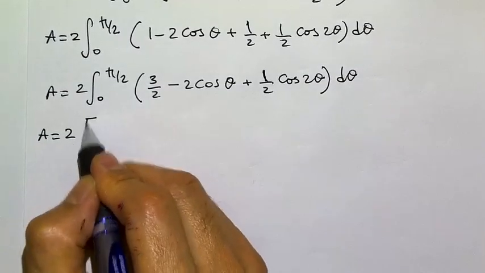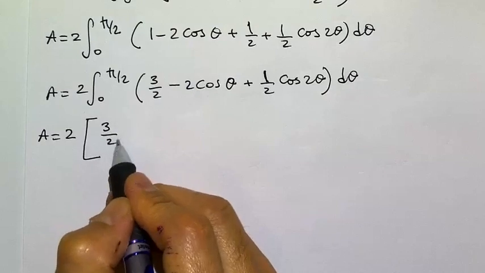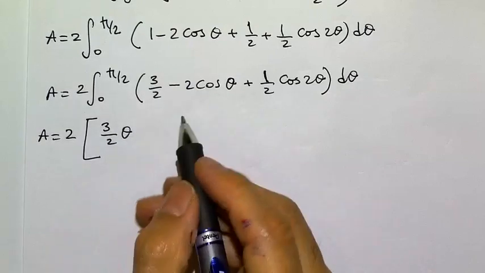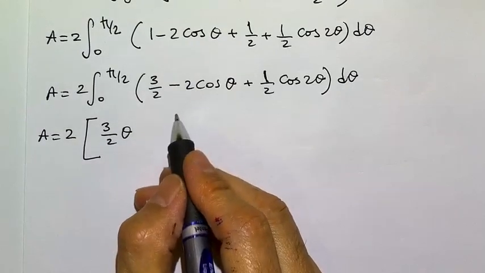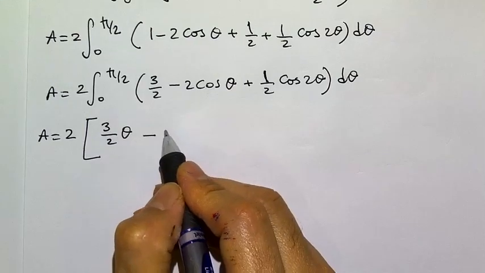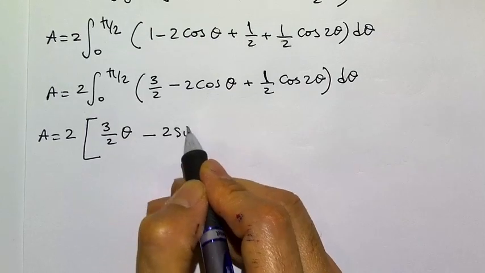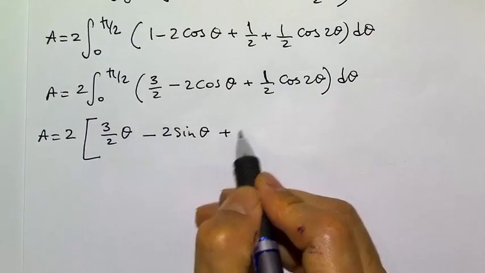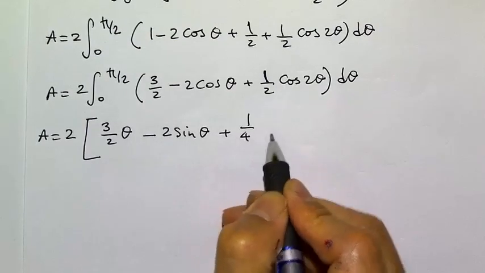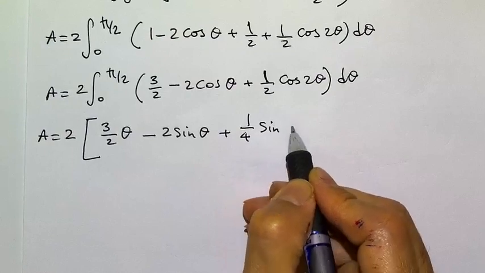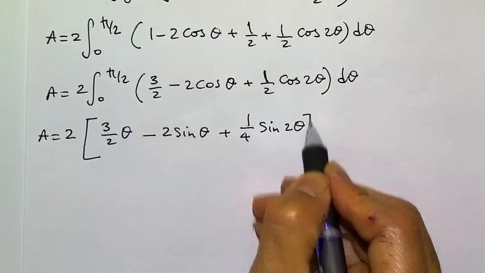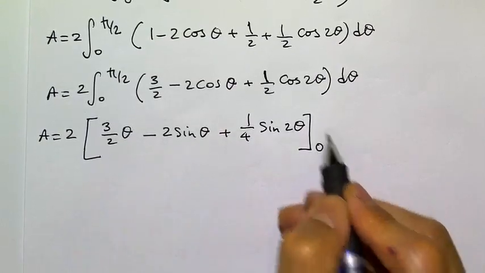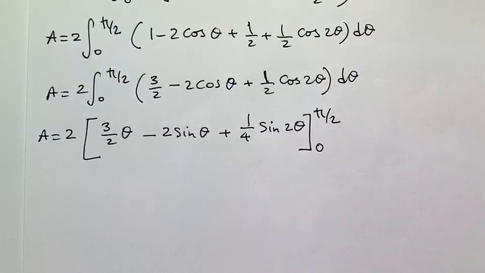So 2 times 3/2 theta minus 2 times sine theta, plus 1 over 4 times sine 2 theta, from 0 to pi over 2.